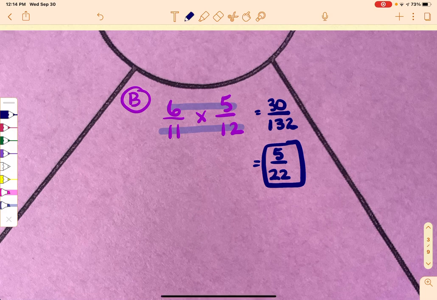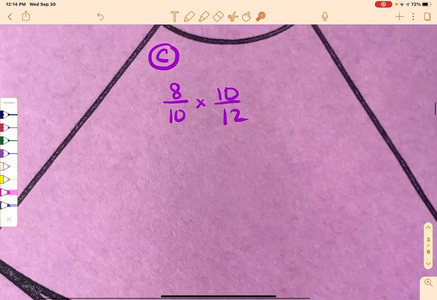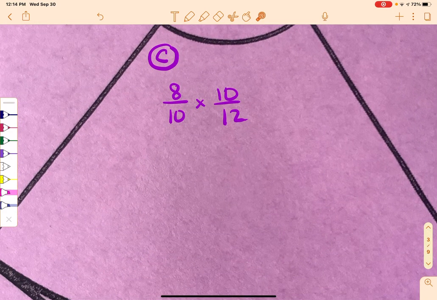Remember, you are reducing, though, because the big problem is what happens if you don't reduce and you have this answer: you're never going to be able to find the true answer to the problem. So you've got to make sure you do that. Okay, let's go to C. For C, it's 8 over 10 times 10 over 12.